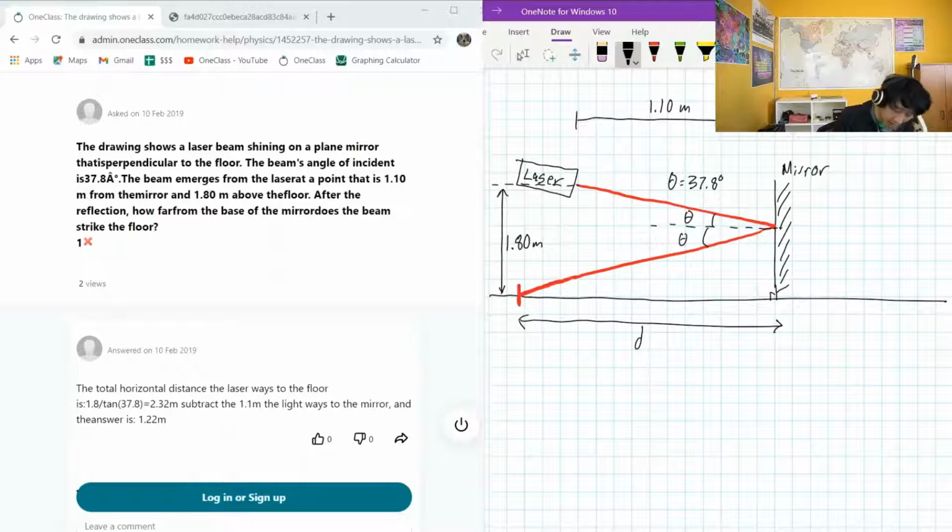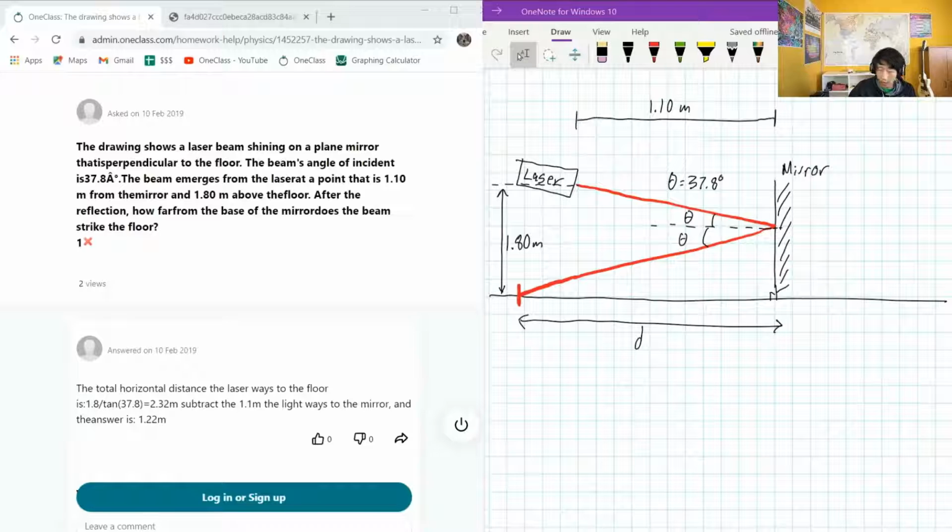Let's just call that D. That's our distance that we want to know. And this would be a full visualization of the question. Let's just make that smaller so we can see. Okay, so this is a representation of the situation. So we're trying to find D, right?